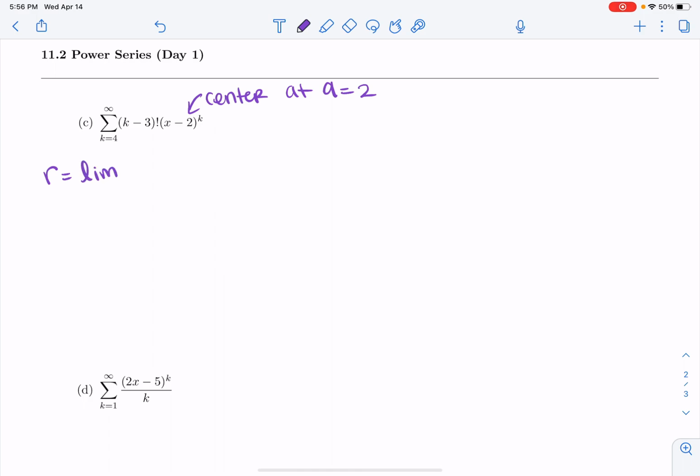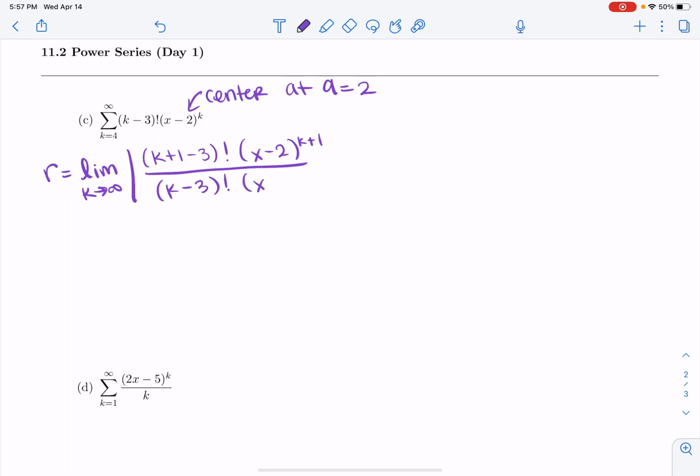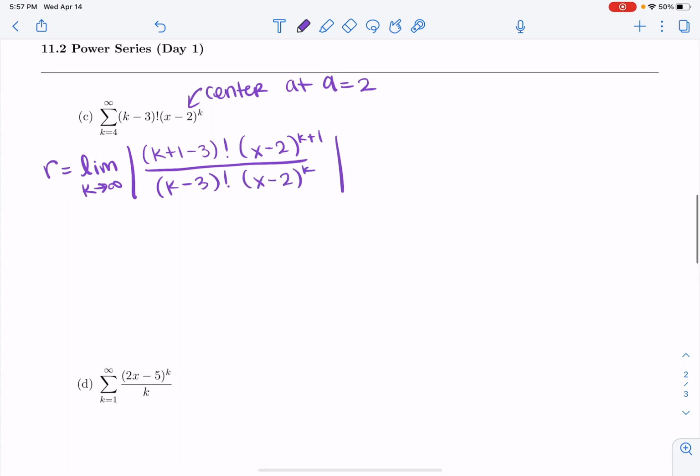R is equal to the limit as k approaches infinity of the absolute value of k plus 1 minus 3 factorial times x minus 2 to the k plus 1, and then divided by k minus 3 factorial times x minus 2 to the k.